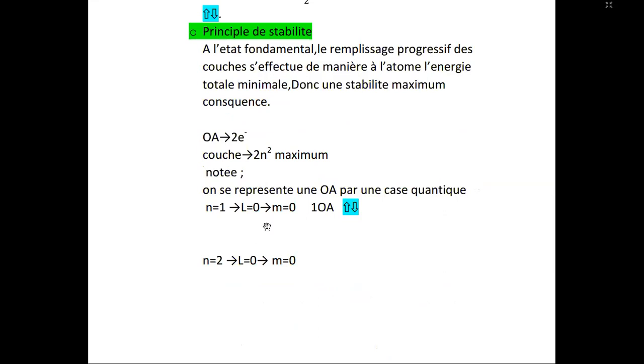For you to know that this atom is stable, you have to use this formula to know how many electrons each shell must have. So the first shell, 2 electrons. The second shell, 8 electrons. The third shell, we know that 3 to the power 2 is 9, so 2 times 9, 18 electrons. So you go on and you go on.